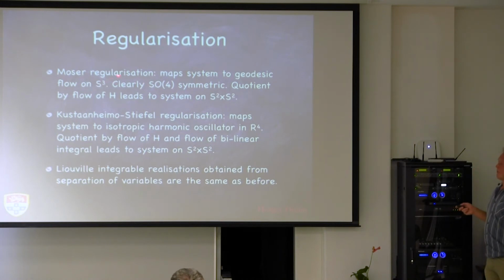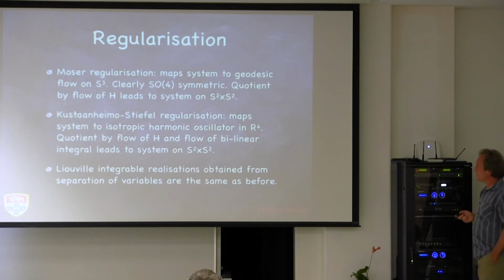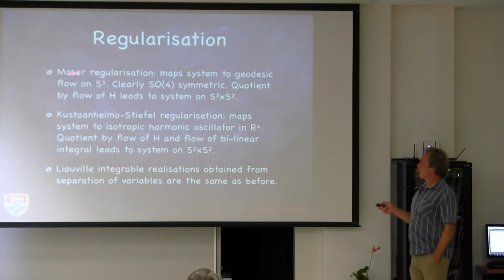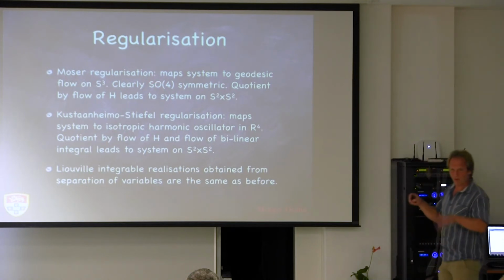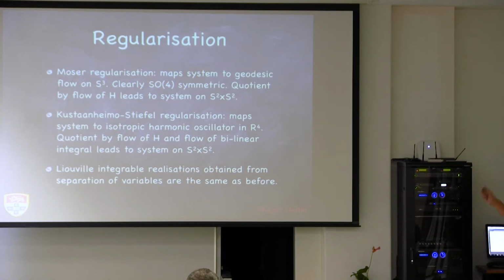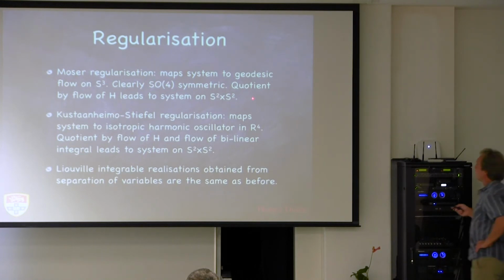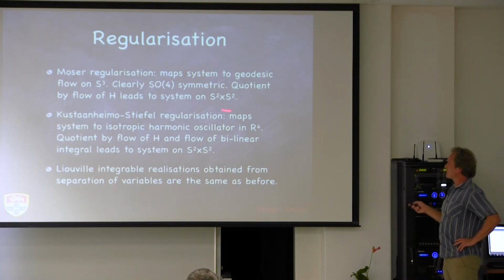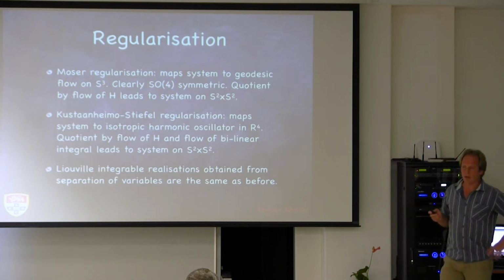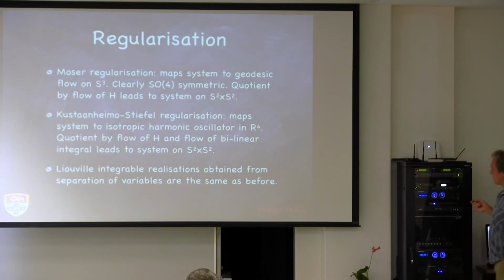What Moser does maps the system to a geodesic flow on S3. The geodesic flow on S3 is clearly SO4 symmetric. It's the round sphere S3 embedded in R4. So then you get an obvious SO4 symmetry, and the quotient by this flow leads to a system on S2 cross S2. But the question is maybe, does it lead to the same system or is it different?